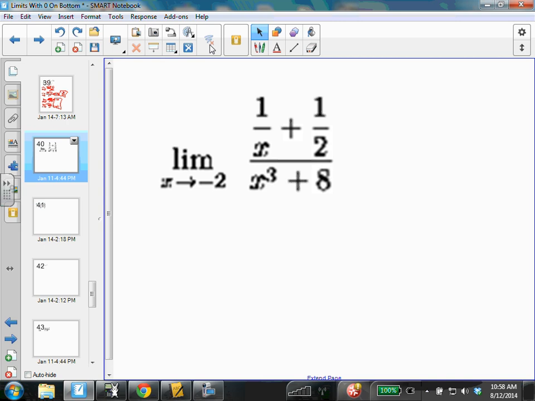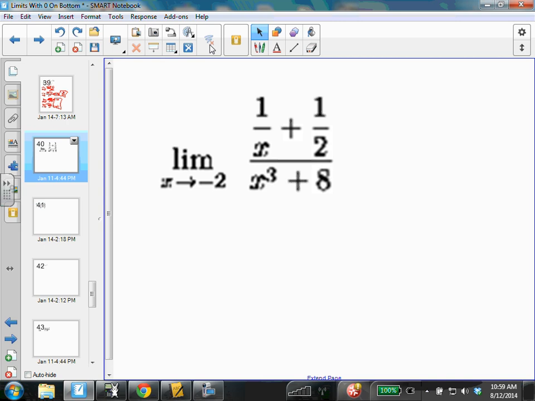Well, here's what I would do, okay? When I have fractions, I don't like fractions within a fraction. So if I have a fraction divided by another fraction, I want to have one fraction instead of having multiple levels to it. Well, that's exactly what I want to do with this.